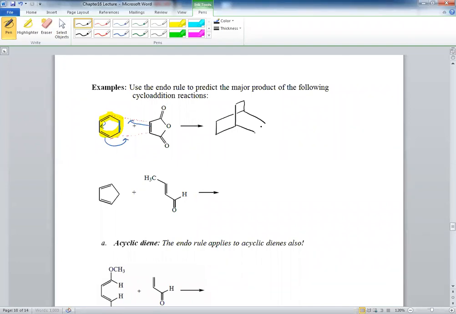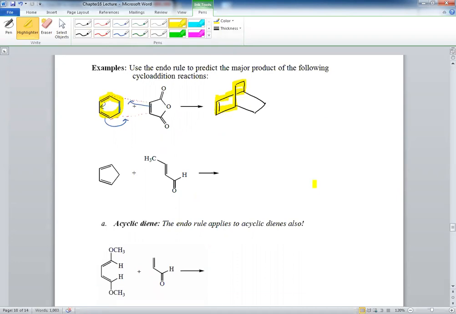And like I said, I will highlight it in a second. I'll highlight it so you can see it. You have 6 carbons in there.